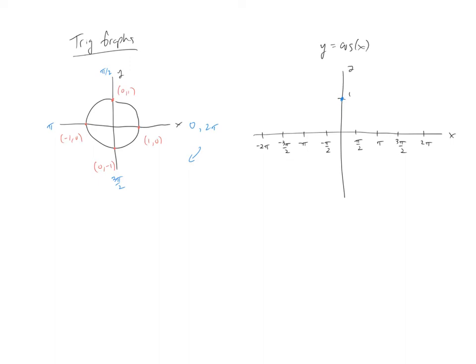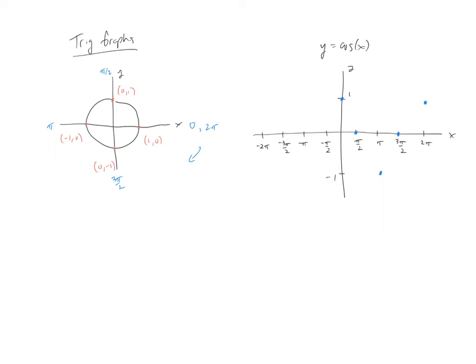Again, on the unit circle, cosine is the x coordinate, so we're going to have pi over 2, 0 as the ordered pair. And then for pi, we're at a -1. And then for 3 pi over 2, we're back to 0. And for 2 pi, we're up at 1.